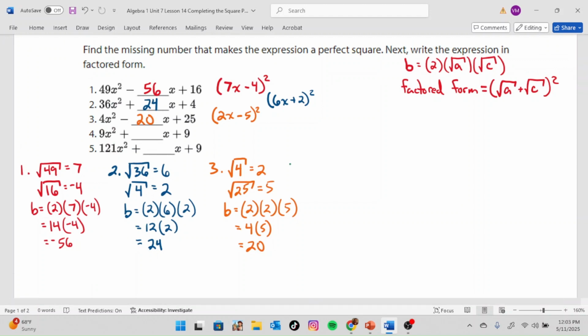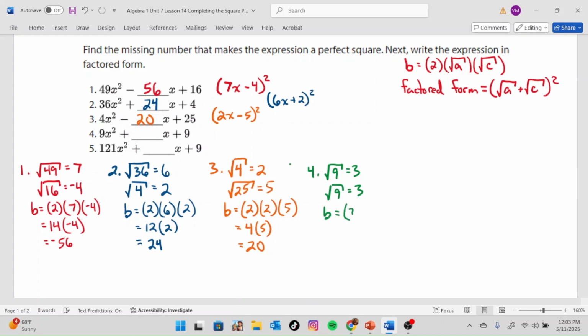Number 4. We have 9x squared, so the square root of 9 is 3. We have 9 for the c term, so again, the square root of 9 is 3.